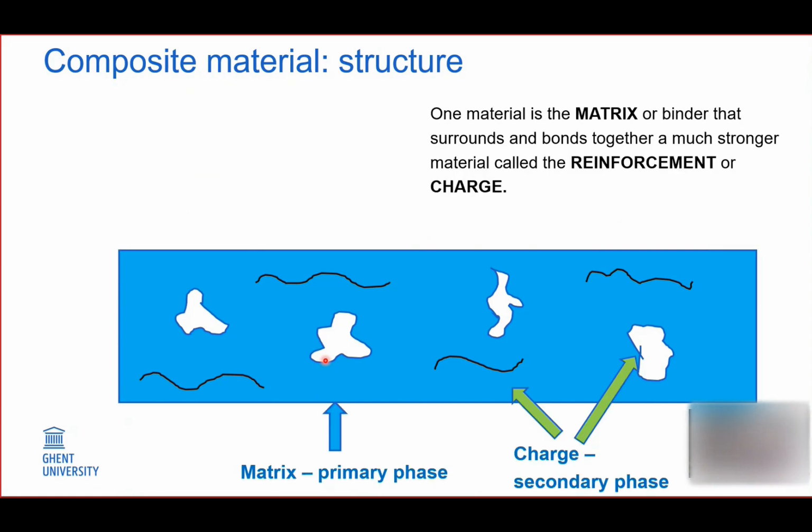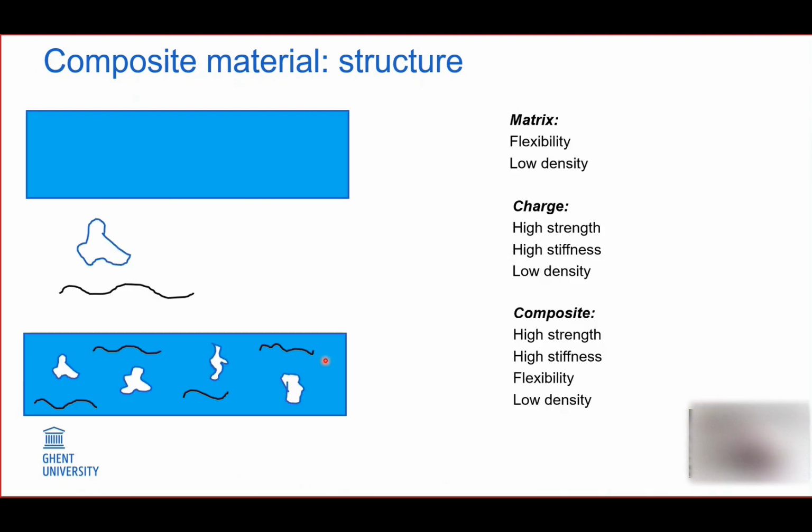The continuous phase makes the matrix or the binder of the composite. And the inclusions, they are called reinforcement or charge. What is remarkable about composites is that both matrix and charge introduce particular material properties to the composite.